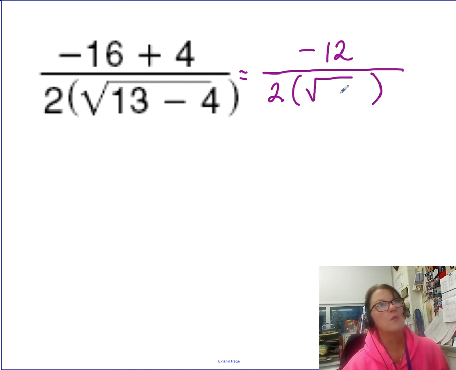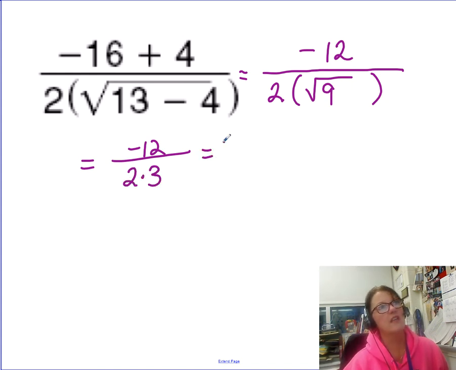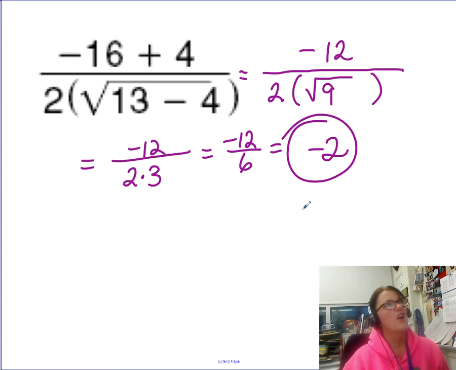This says the square root of 9. So let's think of what that means. Keep writing negative 12 in the numerator and just be patient. 2 times 3. Aha! Well, that's negative 12 over 6, which simplifies to negative 2. All of that gobbledygook becomes negative 2.